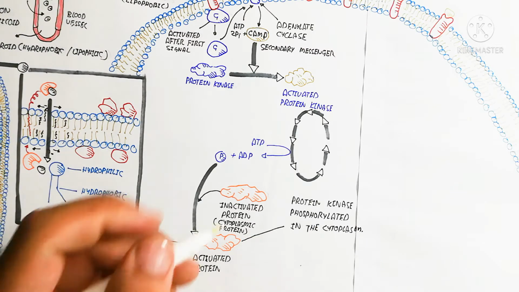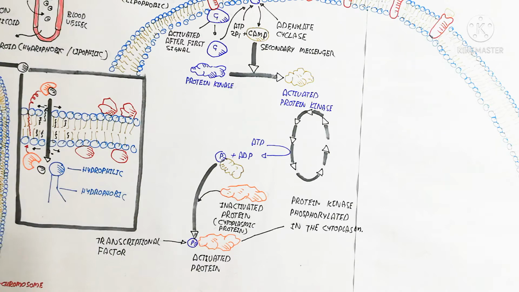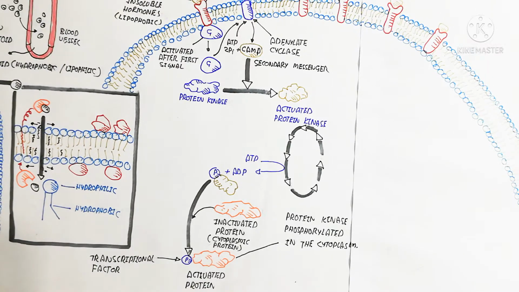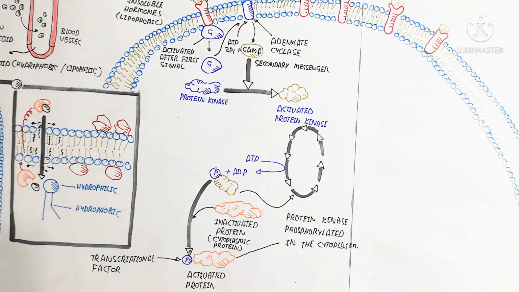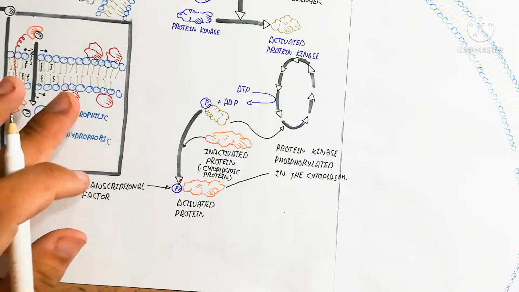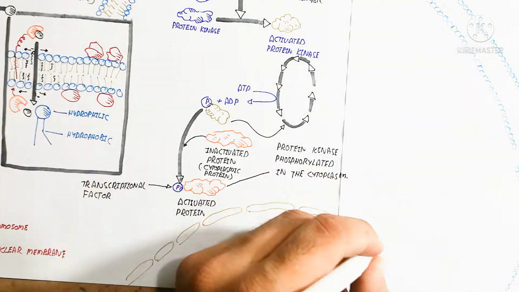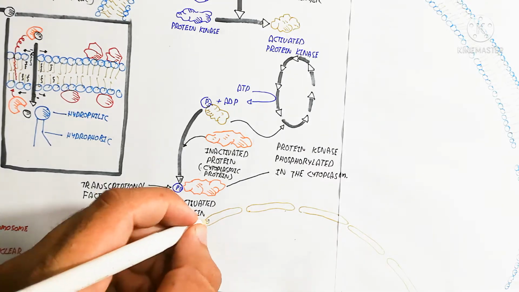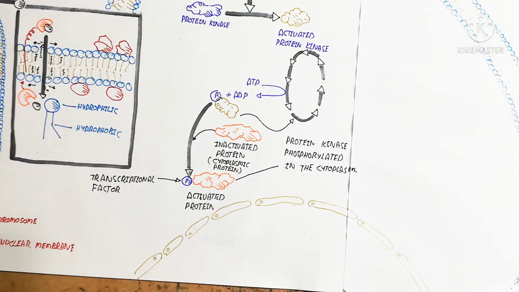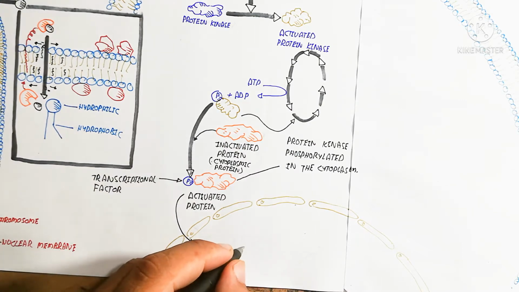So this activated protein is the transcriptional factor because it is bound with the phosphate group. And another way is that the activated protein will become inactivated and become activated again by the secondary messenger of the molecule signaling pathway.